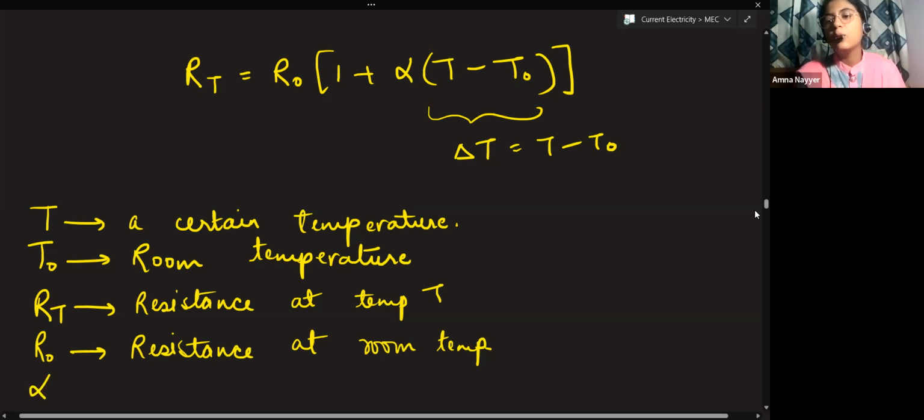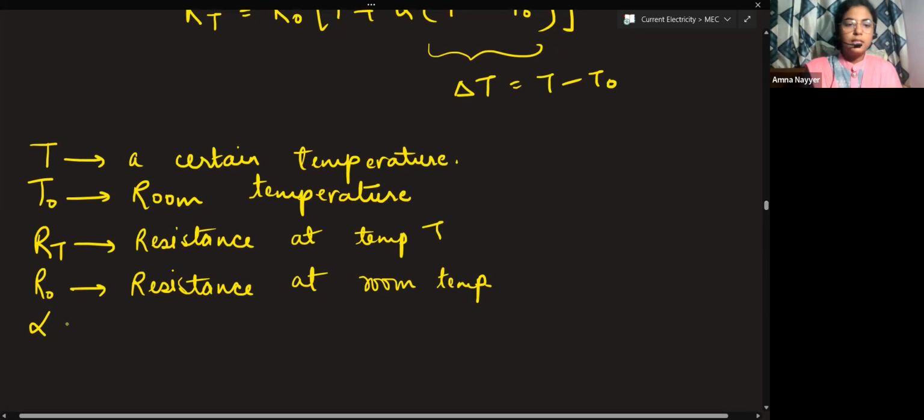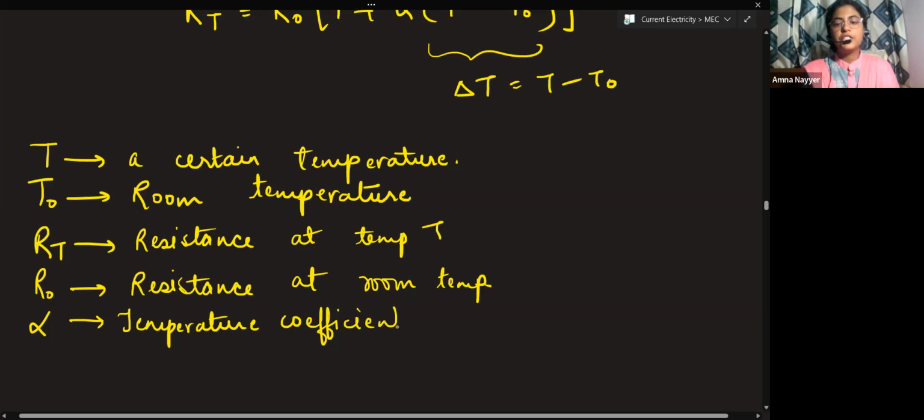Alpha is the temperature coefficient of resistance. It depends on the material, the nature of the material.